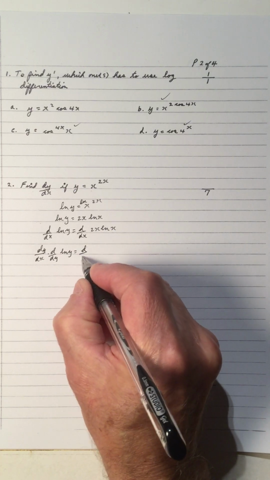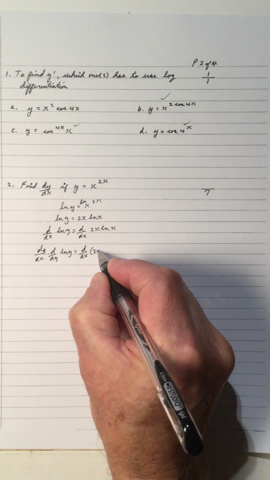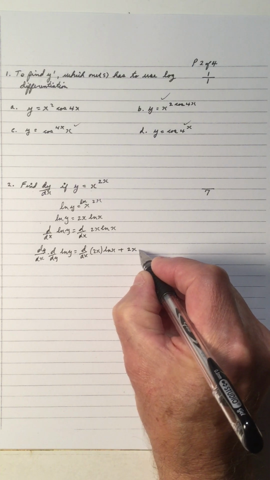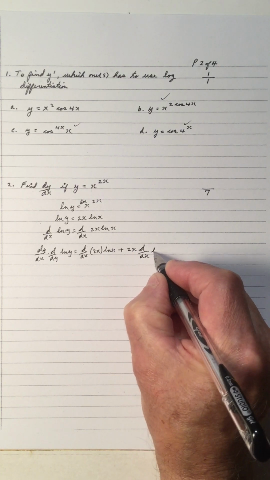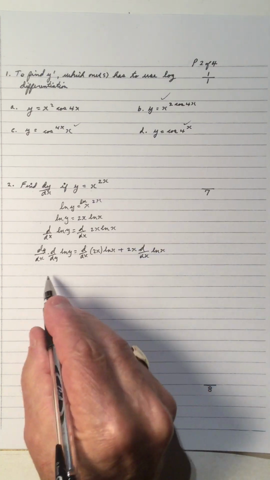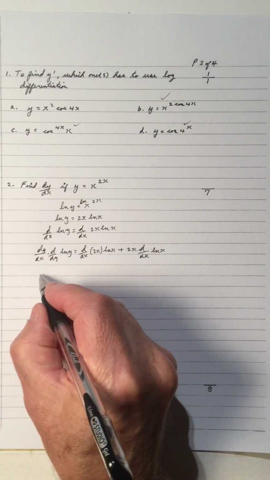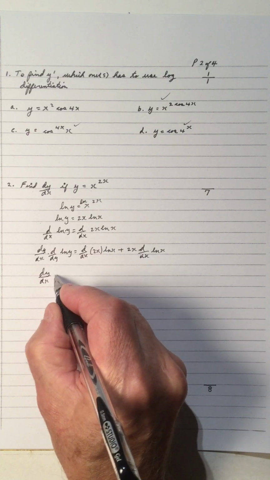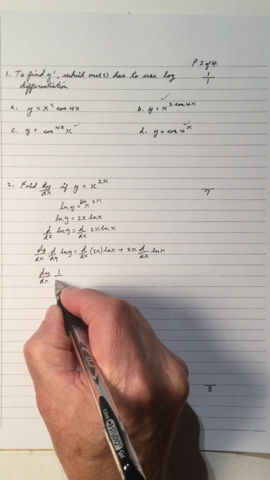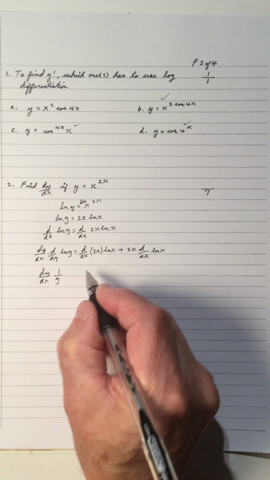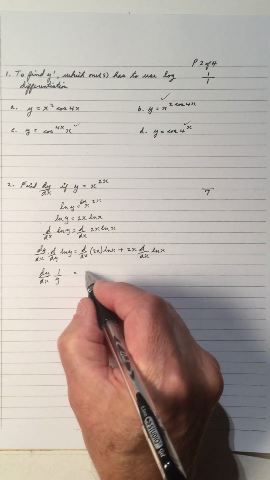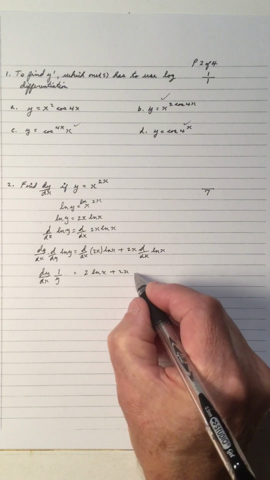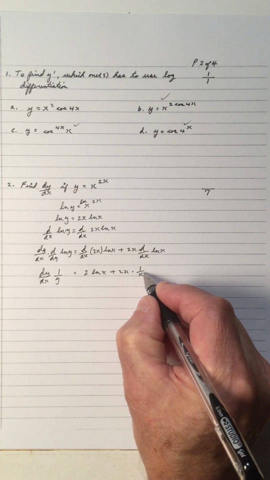So we do the derivative of f, which is 2, times g, plus f times the derivative of g. So let's simplify right here. The derivative of ln y in terms of y is 1 over y, and the derivative of y is dy/dx. And d/dx on 2x is 2, and d/dx on ln x is 1 over x.